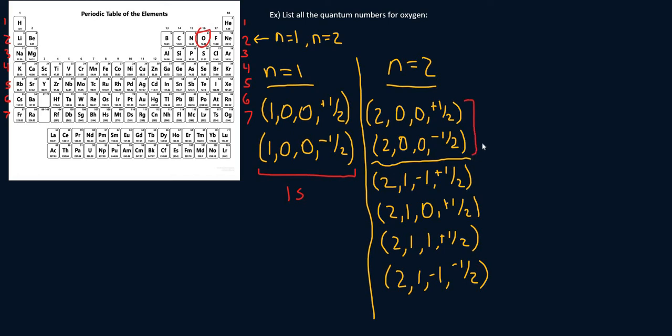These 2 electrons are going to be in the 2s subshell. 2, because we're now in the second energy level, n equals 2, so we put the 2 in front, and s, because these 2 have L equals 0. And these 4 electrons here are going to be in the 2p subshell. 2 because our energy level is 2, and p because our L is equal to 1.